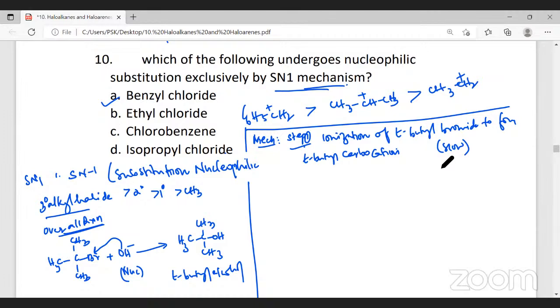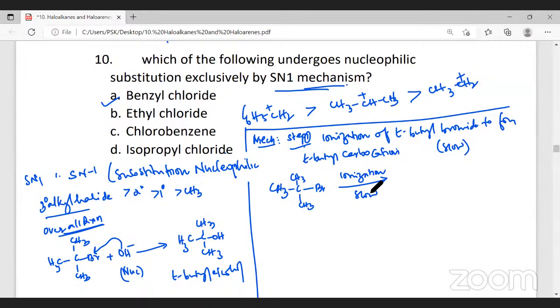Now, what is happening here? This tertiary butyl bromide, CH3, C, CH3, CH3, and Br, will undergo ionization. Ionization is a slow process.